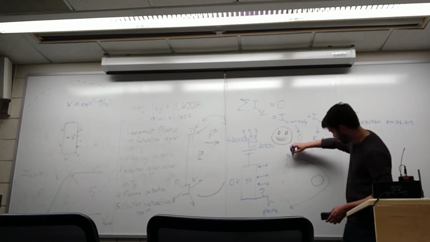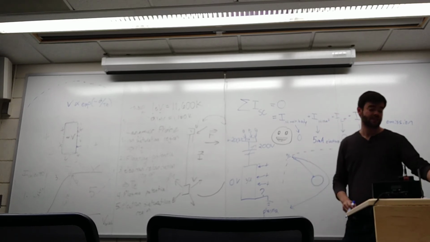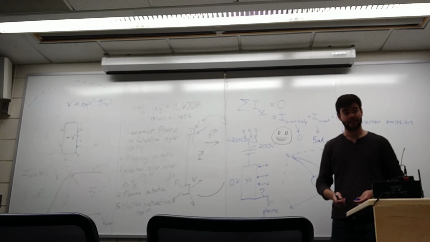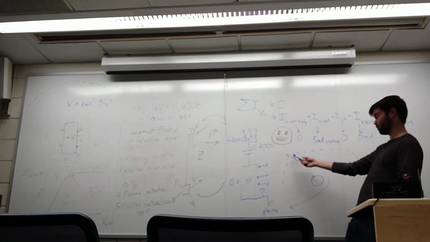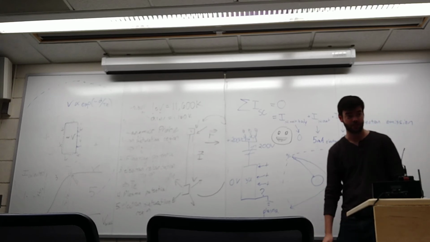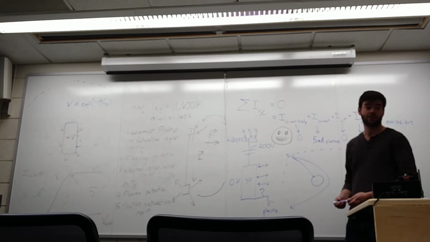But if it had some velocity like this, then it would go and get collected. So there's some probability that it gets collected, even if it does enter the sheath, and there's, by the same token, some probability that it leaves the sheath and never gets collected. And that depends on the potential.